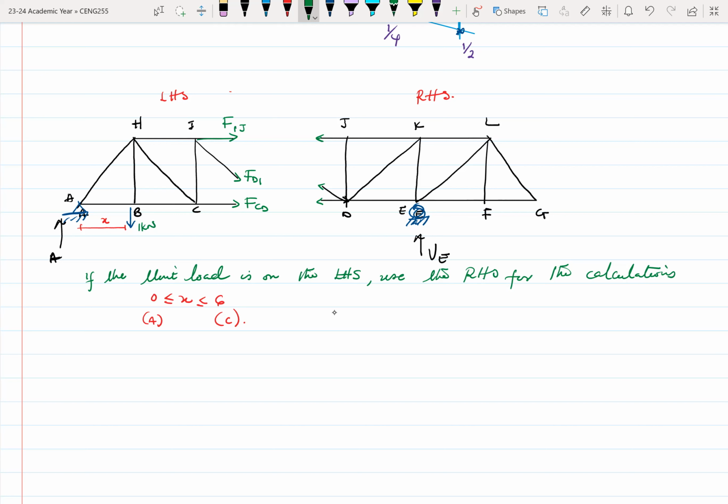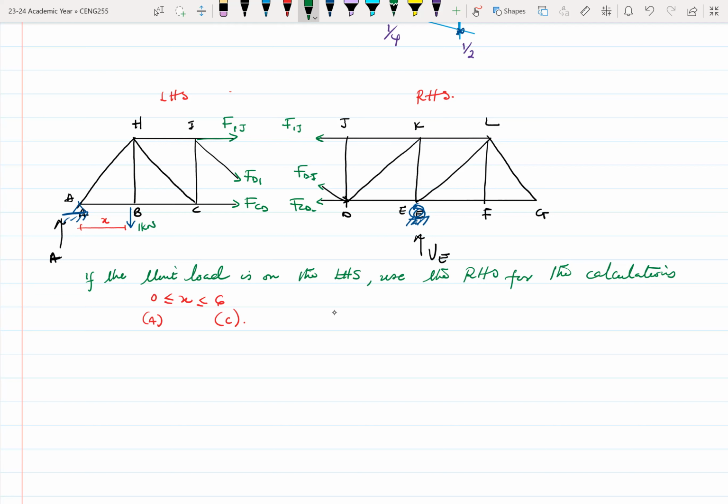Then when you find your answer and your answer is negative, it simply implies that the forces should be compression. All right, but that's what we do. So this is FIJ, FDI, and FCD. I haven't done anything, just rewriting my information.